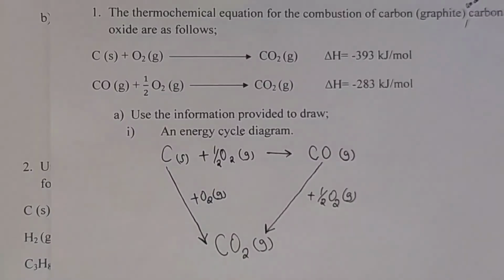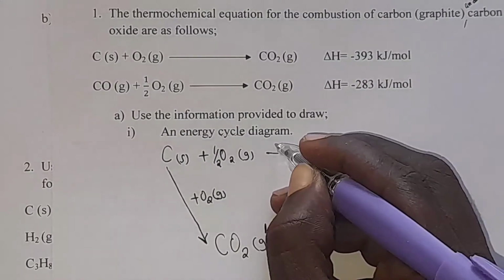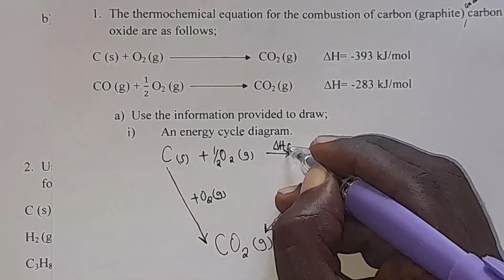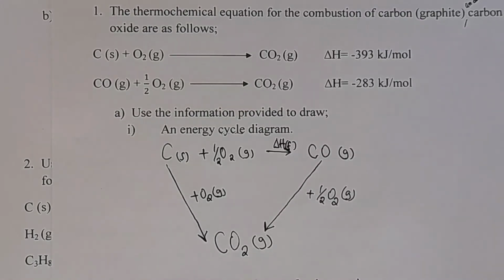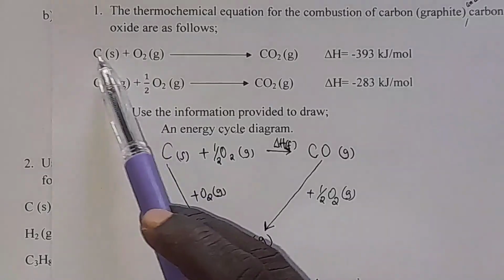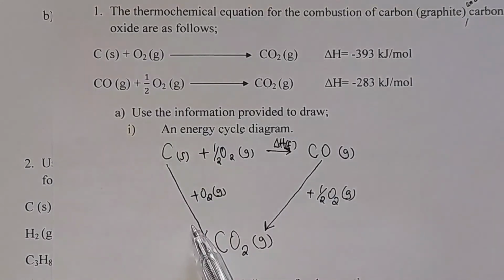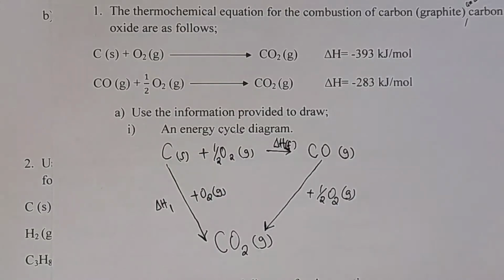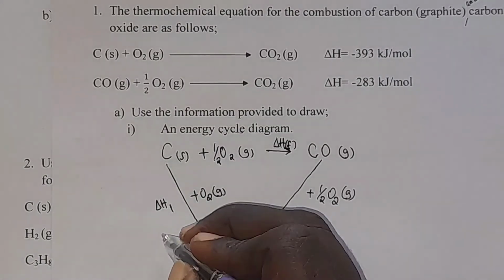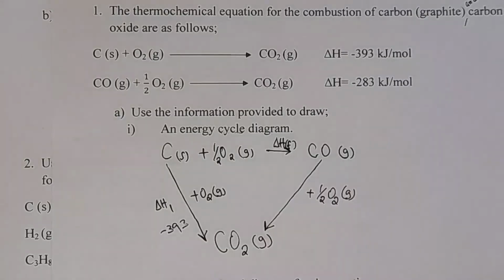That enthalpy of formation of carbon 2 oxide is this one. They are looking for this enthalpy of formation. To use this, they have already given us carbon to carbon dioxide here. So that means we have the enthalpy change here. If we write enthalpy change 1, we are told this is negative 393 kilojoules per mole.